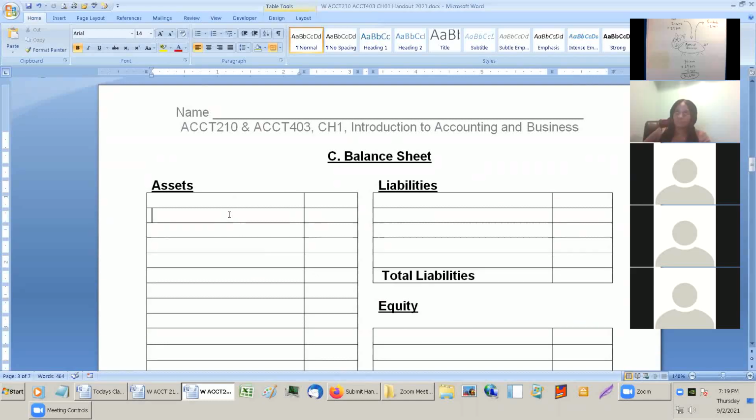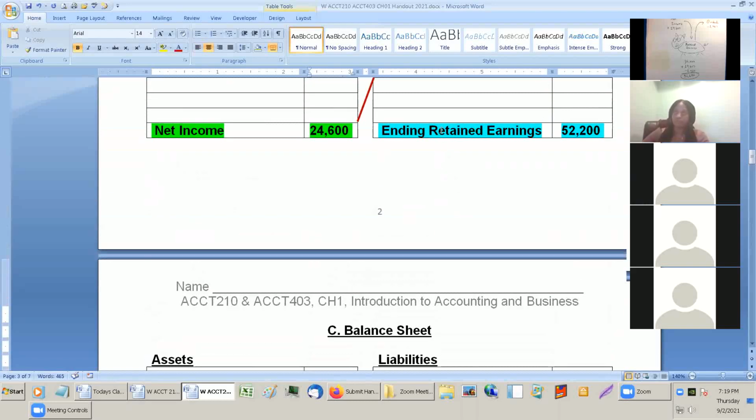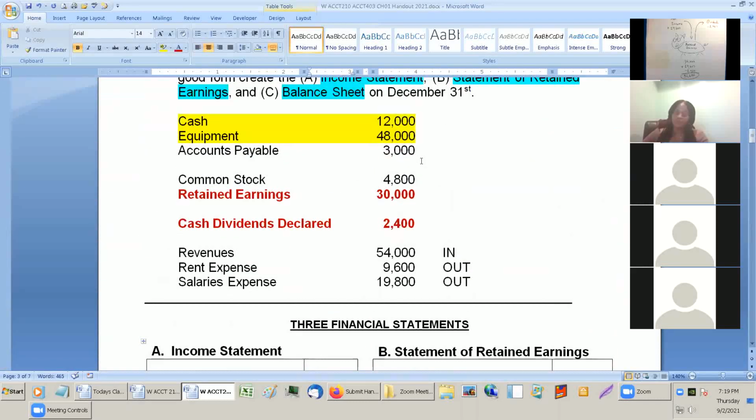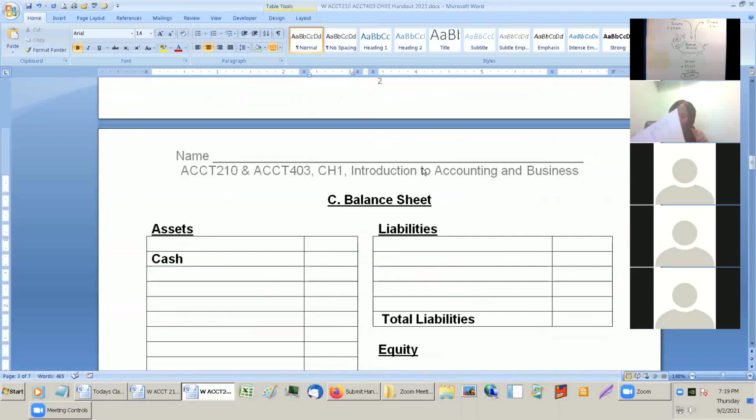Cash has a value. Just that quick, I forgot. Equipment. Cash, 12,000. Equipment, 48,000.